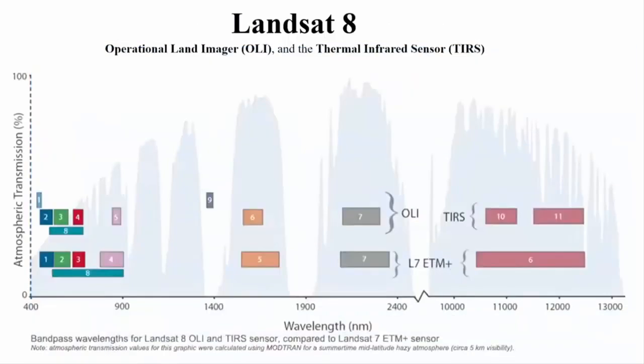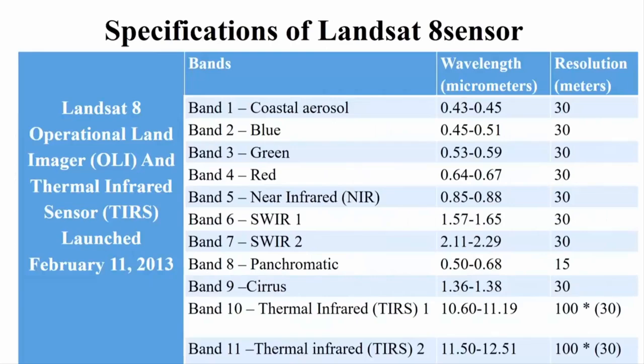After the launch of Landsat 8, we have 2 bands in the thermal infrared, but unfortunately there is an error in one band. But anyhow, band number 10 is widely used by the scientific community.